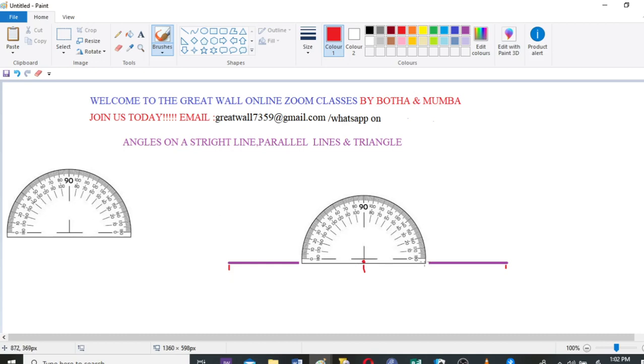So if we measure from right here going up, clockwise, we see that our angle is 180. So this straight line is 180. Okay, and we want to pick it up from there. Now let's assume this is the line we have, knowing that this straight line has an angle of 180.